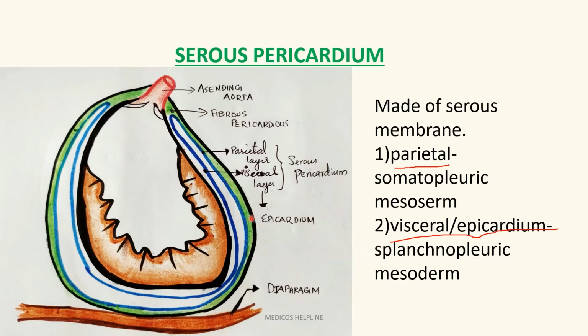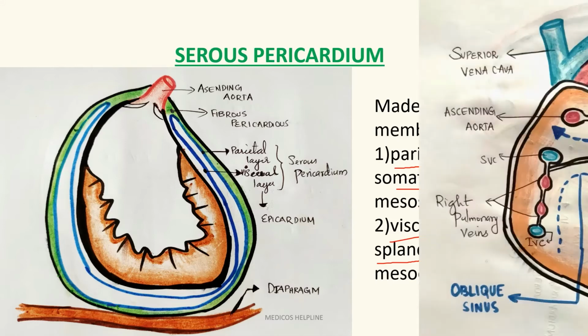Coming to the visceral layer or epicardium, this is in connection to the heart. And the parietal layer arises from the somatopleuric mesoderm during the embryonic stage, whereas the visceral layer arises from the splanchnopleuric mesoderm during the embryonic stage.